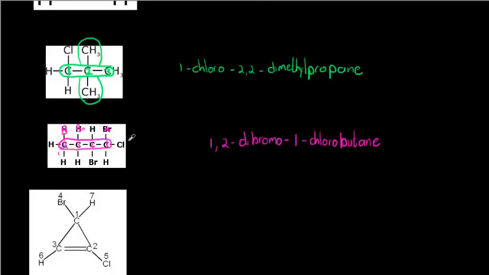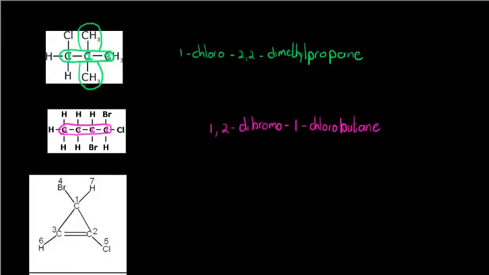But the first preeminence goes to starting at the number where I have my first halogen encountered. So if I start on this side, I'll have my first halogen encountered on the number 1 carbon. So that's great to start numbering from there. And on that number 1 we have both bromo and chloro.